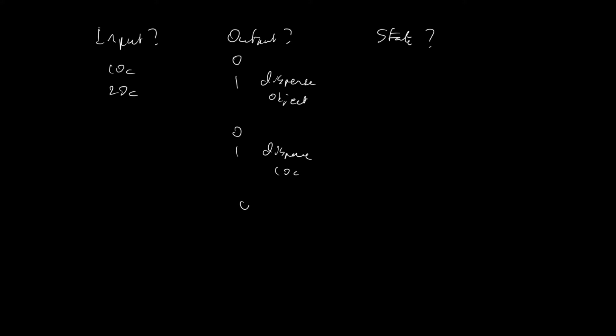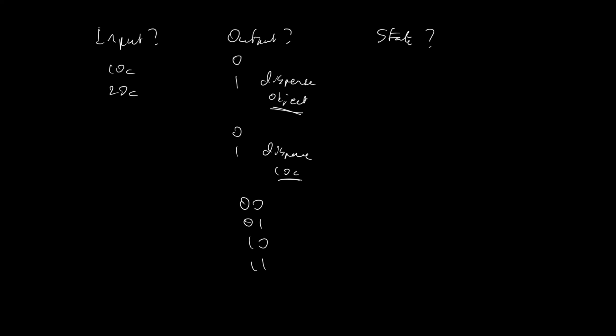So the output's going to be two bits. 0, 0 means dispense nothing, 0, 1 will mean dispense our 10-cent coin, 1, 0 will mean dispense the object, and 1, 1 will mean dispense both the object and the 10-cent coin.